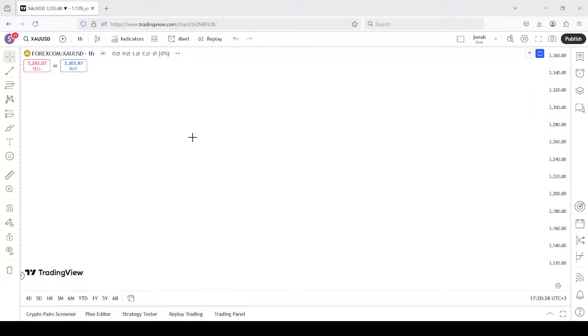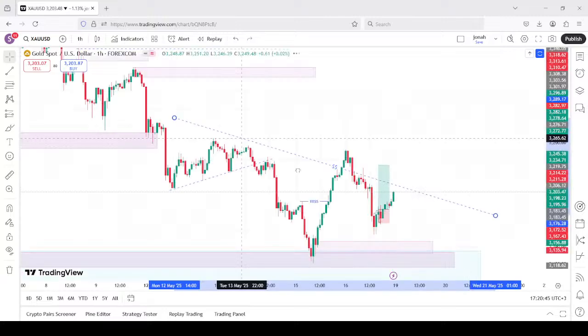I wait for price to break above this area, then a retest, and I will be flying higher on gold.